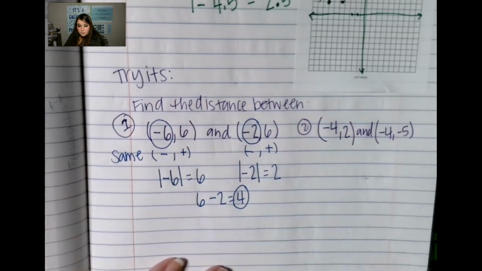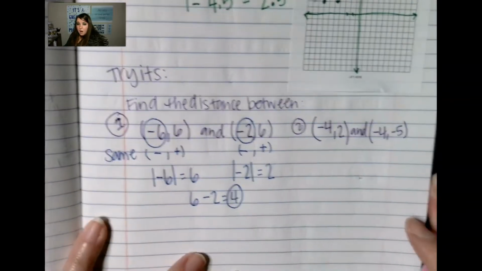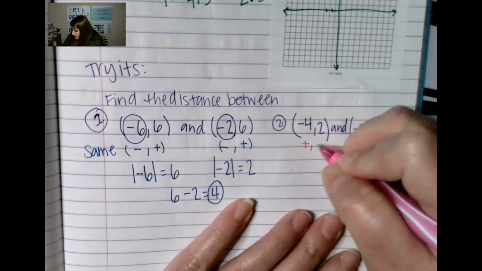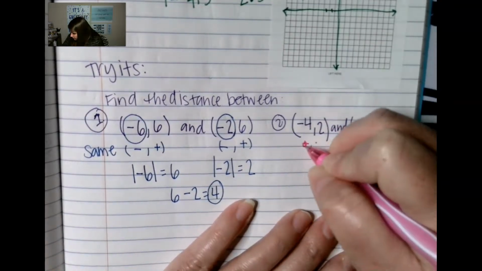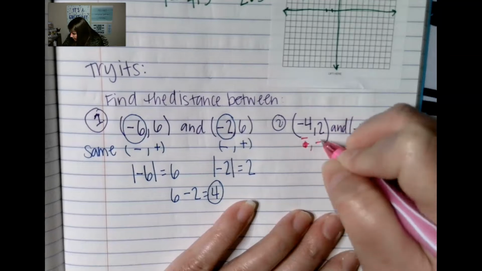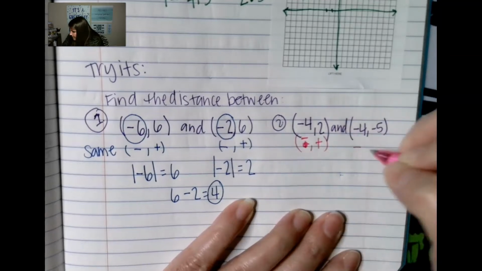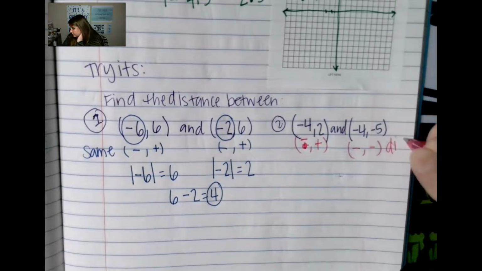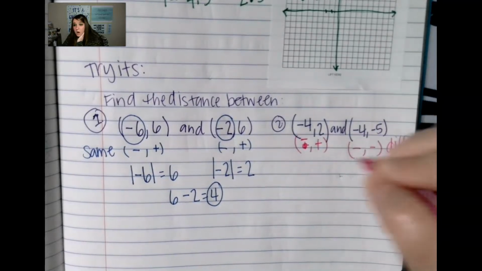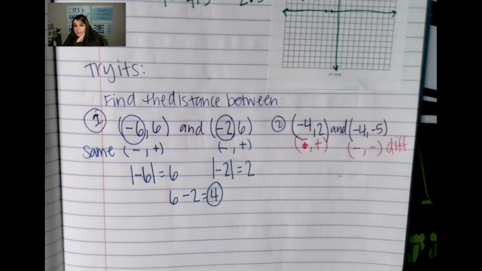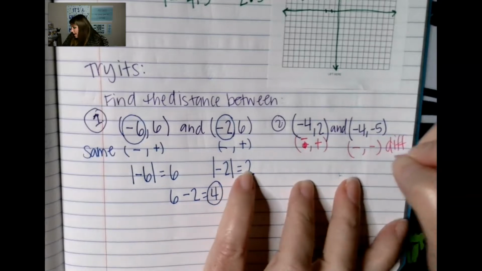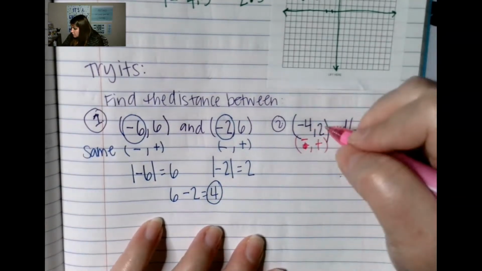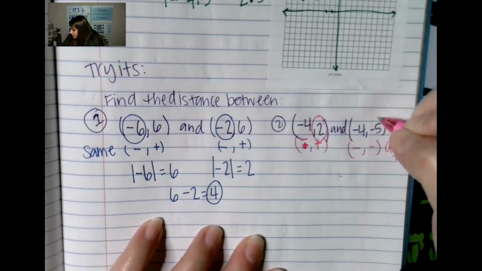4 jumps. All right, on this problem, again, we have a positive, negative, positive, and a negative, negative. Okay, so these are different. They're different quadrants, and so that means that we are going to be adding. So we have the absolute value of the ones that are different.